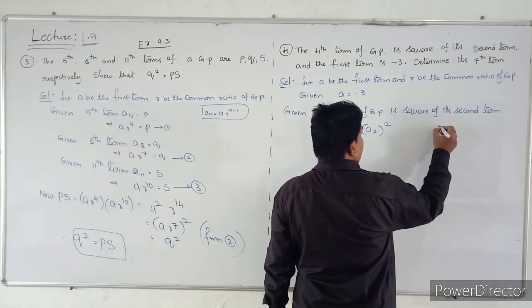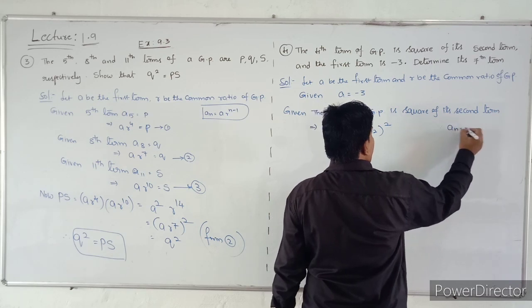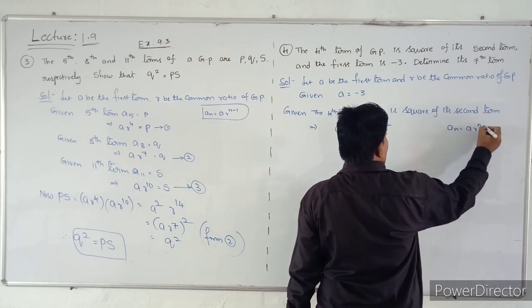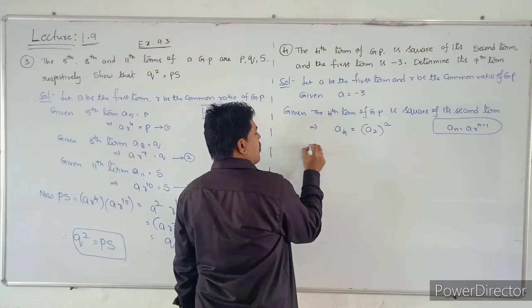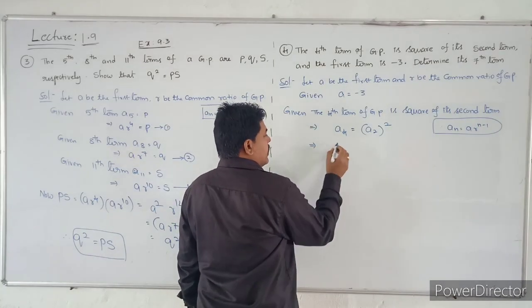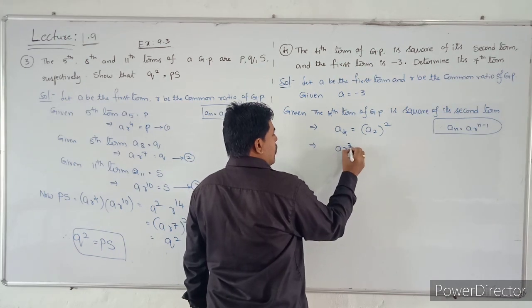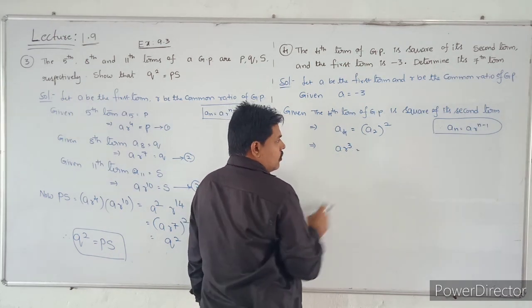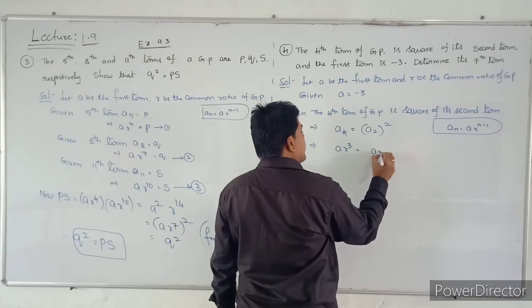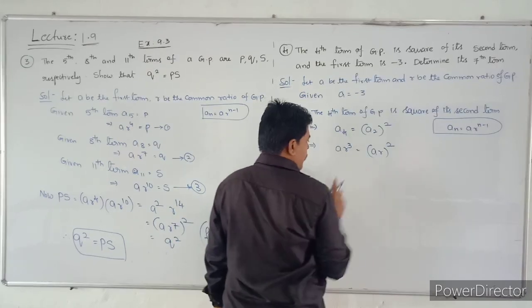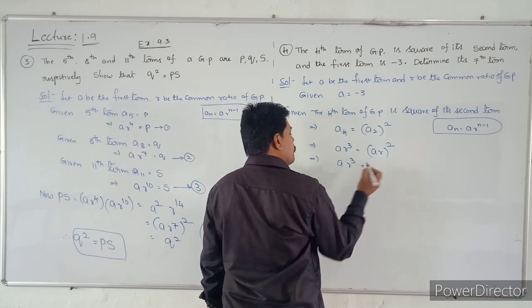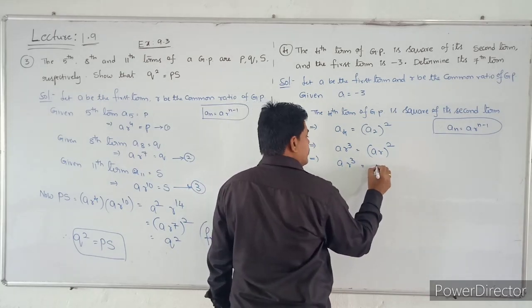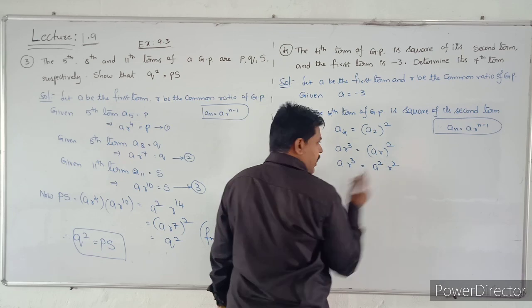So already you know the formula for AN. AN is equal to A into R power n minus 1. By using this formula, A4 is nothing but A into R cube. So that is equal to A2, and the A2 value is AR whole square. That means R cube is equal to A square R square.